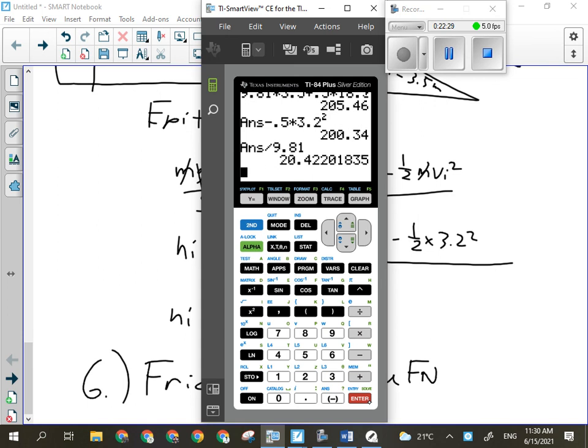All right, so the initial height of the hill is 20 meters. Okay. Questions on those?